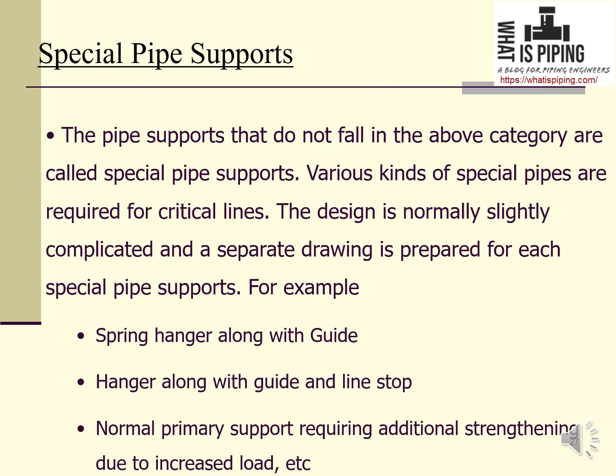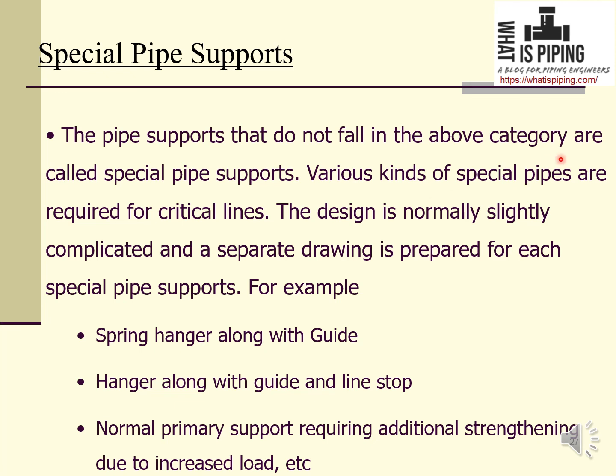Now special pipe supports. The pipe supports that do not fall in the above category are called special pipe supports. Means any support that is not available in your pipe support standard drawing is called special pipe support, because those need to be specially designed and drawing need to be prepared.